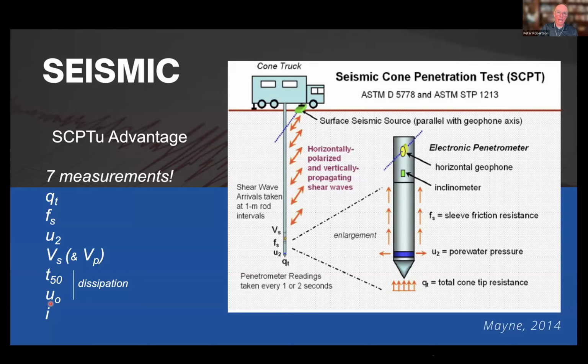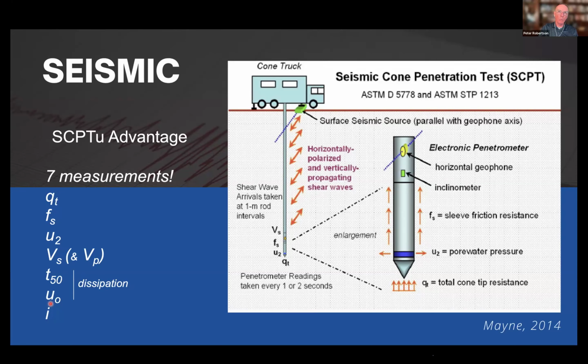When you stop in the sand layers, either the penetration is completely drained to start with, and you're already measuring equilibrium pore pressures, or the dissipation is very rapid, and after maybe only 30 seconds or less than a minute, you've come to equilibrium and you get the equilibrium pore pressure to know what the piezometric profile is. So if you're interested in groundwater, you stop in the sand layers.